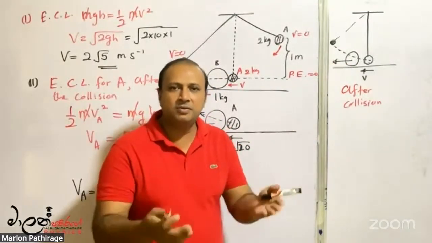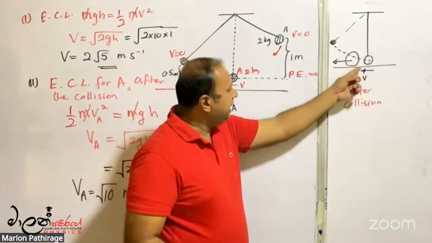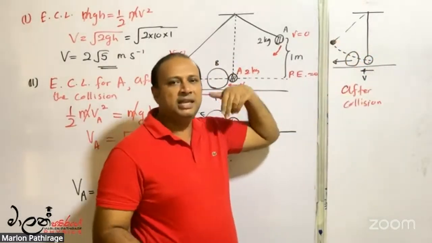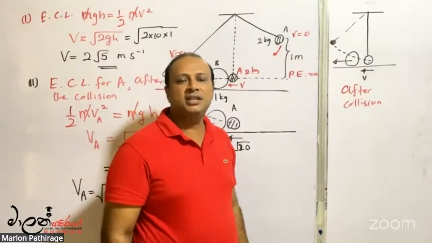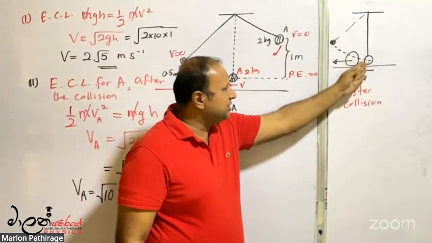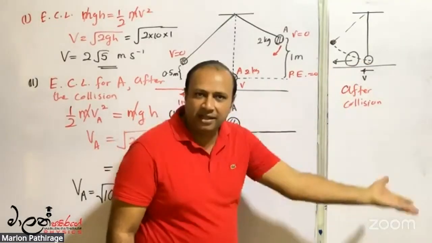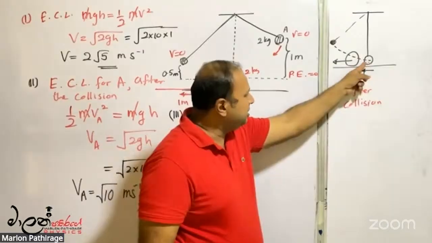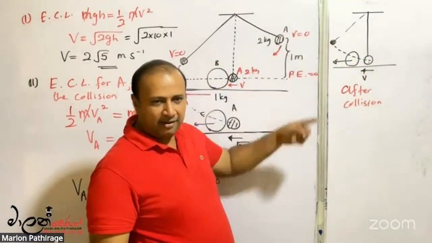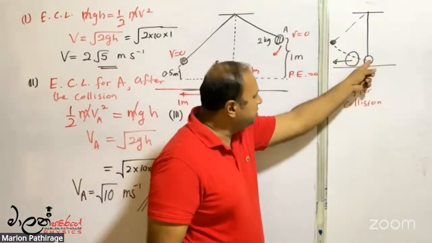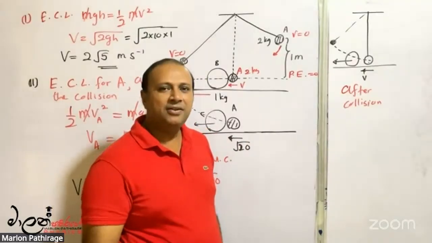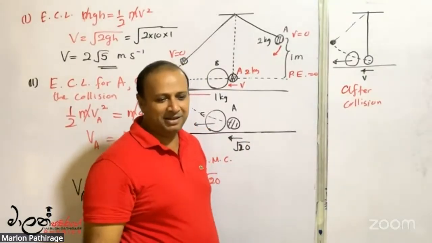Therefore, according to energy conservation, the kinetic energy of this object should be conserved. There is no other resistant force. Just after the collision, this object will not collide with any other object. Therefore, its energy should be conserved. Is that clear?